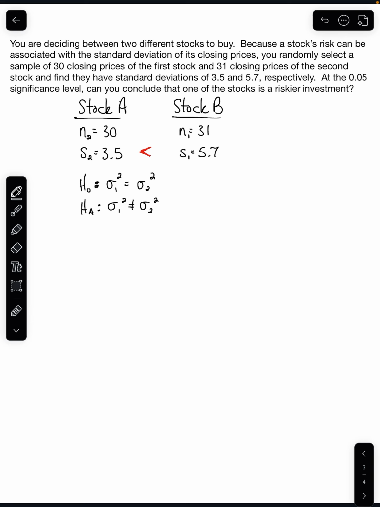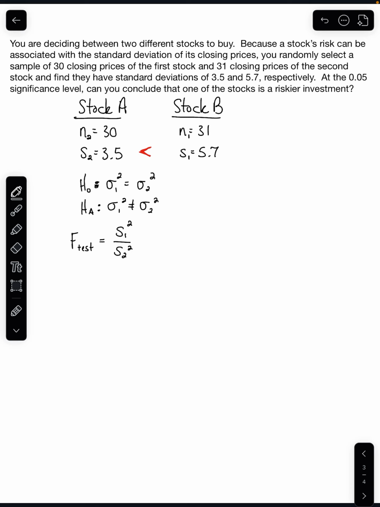And that's going to give us a two-tail test. Our test statistic then is going to be S sub 1 squared over S sub 2 squared.